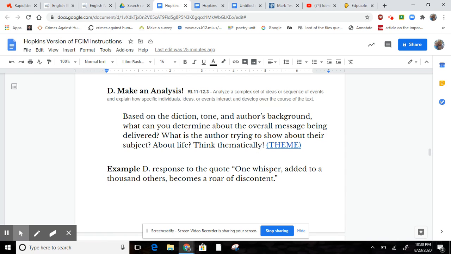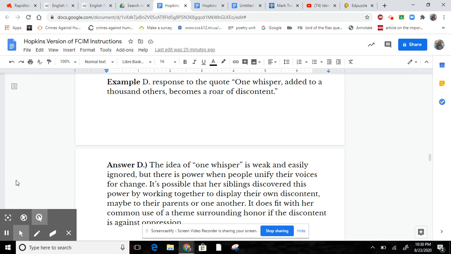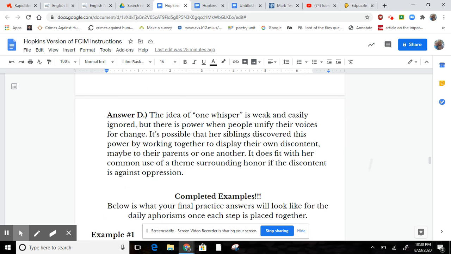Think thematically. If you've forgotten theme, here's a good refresher. You can click on that link. And then we're going to take a look at the example. All right, the final part to your bell work. This is an example response if you've been given the quote, one whisper added to 1,000 others becomes a roar of discontent. So as you're analyzing, you're trying to think theme.